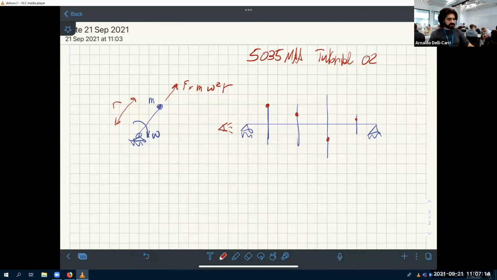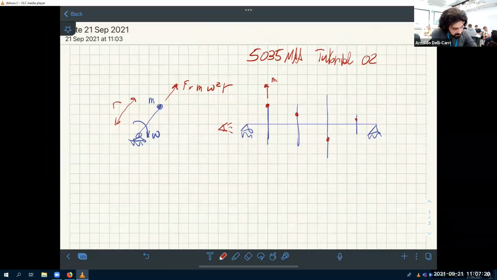So all of these things have their own force. This is M1 R1 omega squared. This is M2 R2 omega squared. This is M3 R3 omega squared. And this is M4 R4 omega squared.